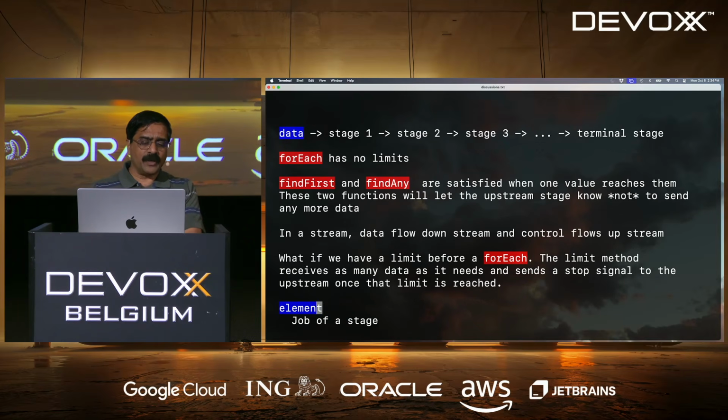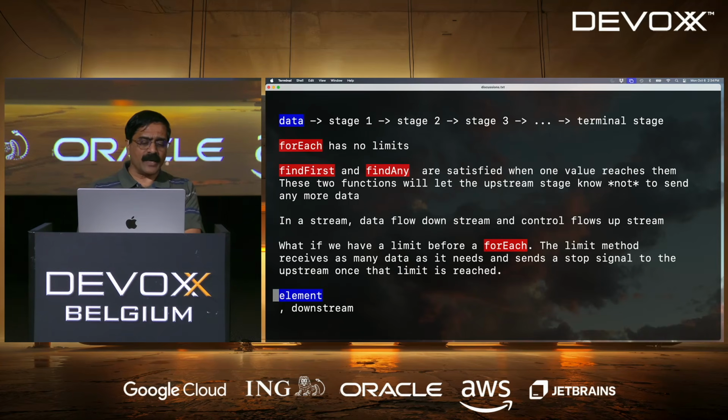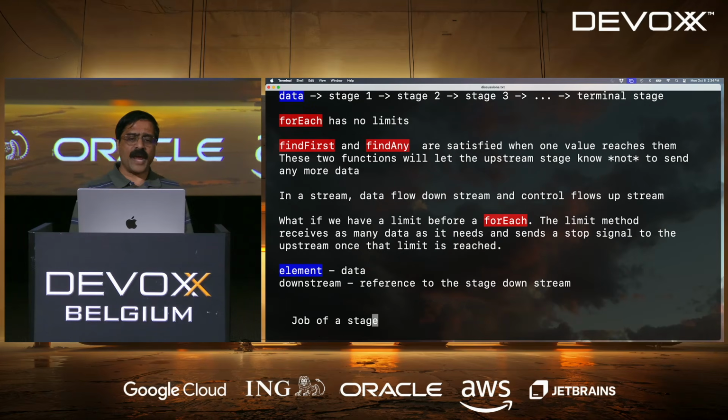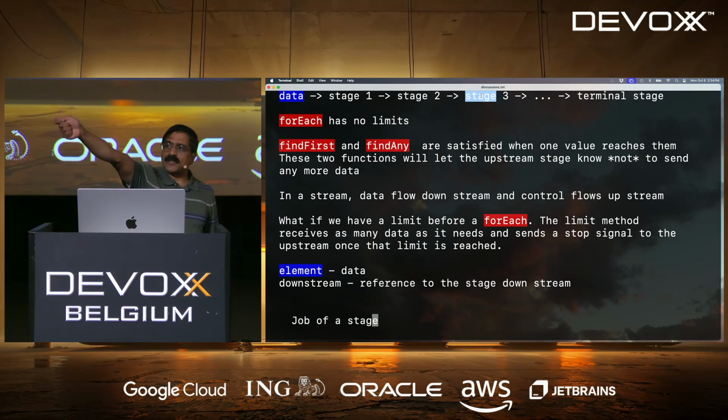The other thing you need to keep in mind is a downstream. So what is a downstream? Element is the data, right? That's what it is. What is a downstream? This is a reference to the stage downstream. So essentially, you have a stage 2, you're getting a data to process, but you also have the next stage, stage 3, you have a reference to the downstream. So literally you have a reference that says, here you go, if you walk through the door, you'll keep going downstream in this pipeline, right?